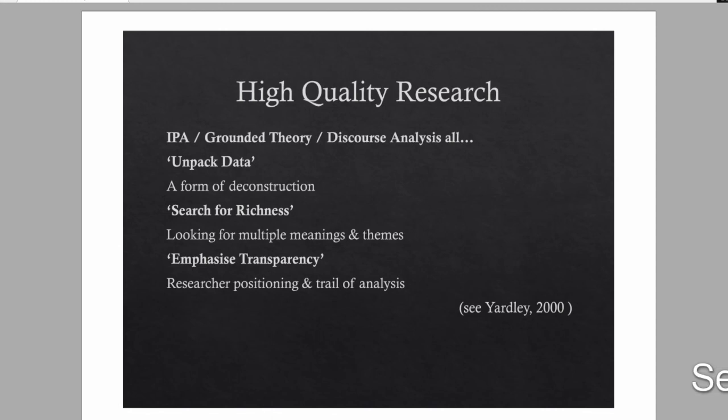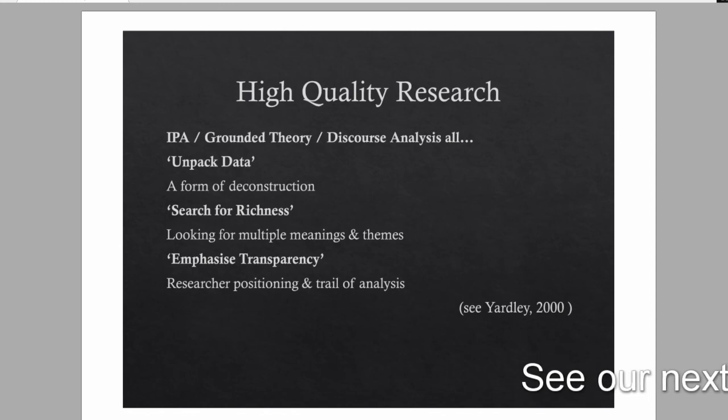And these differ: IPA, grounded theory, discourse analysis and thematic analysis differ, at least this is my understanding, in the way they emphasize the researcher being positioned within that trail of analysis.